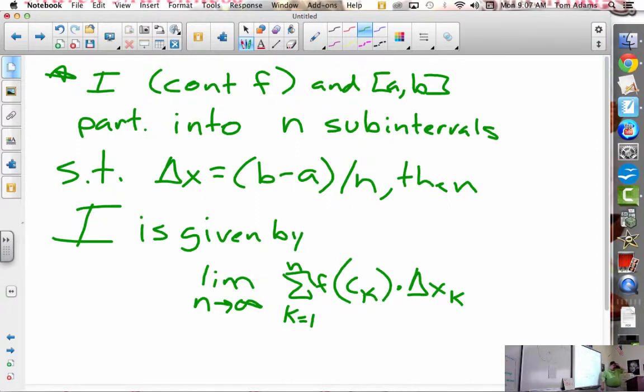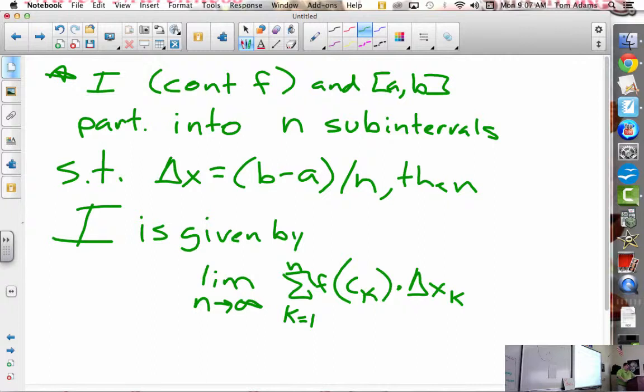What I'm really saying is I'm going to get infinitely many rectangles, which means that my delta x approaches infinity. So as soon as you write this down, this is very informal. I'm trying to bridge the gap.